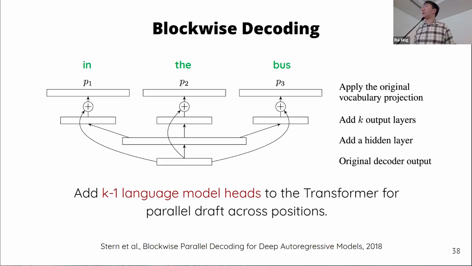This is our original decoder output. Usually we directly feed this decoder output to a language model head to predict the next token. But here it leverages extra heads to predict the next and the subsequent tokens in parallel.